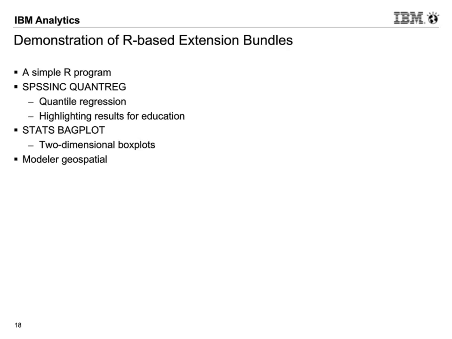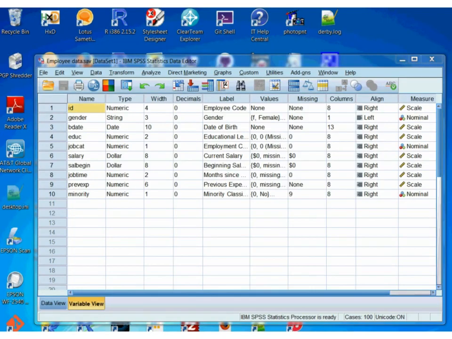So the next thing I want to do is to show you a demonstration of a few features that we have available here. So I'm going to go live here, and you should see statistics in a moment here. Okay, so here you see the data editor in the SPSS Statistics interface.